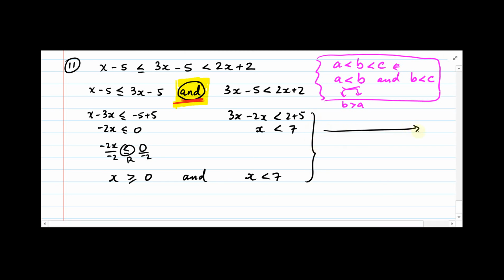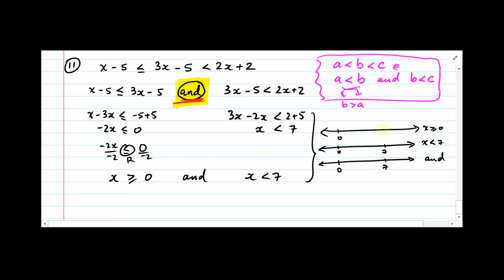Now if we look at this on the number lines, let's do it here. After a while, some of you will be able to do this in one go on a number line. You won't have to do the various portions. x is less than 7. I put 0 down here, and 7 is about there.